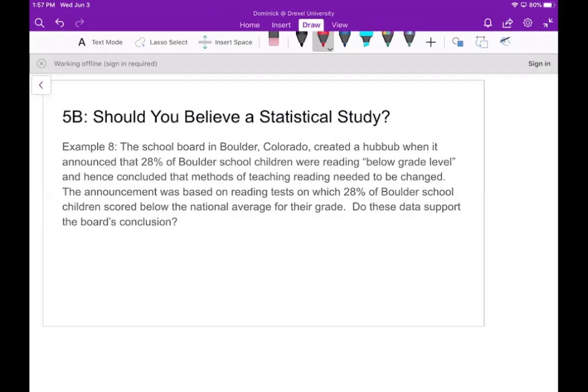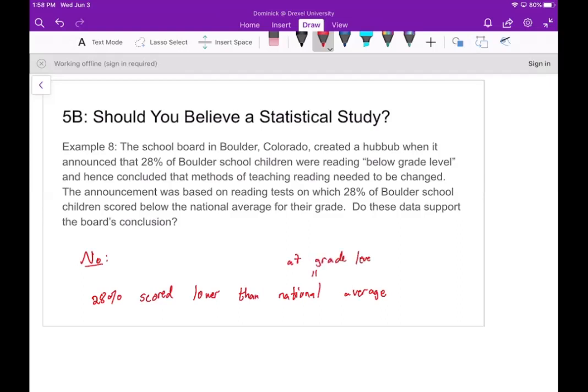Of course, this would be no. Just because 28% scored lower than the national average, national average and at grade level are different.